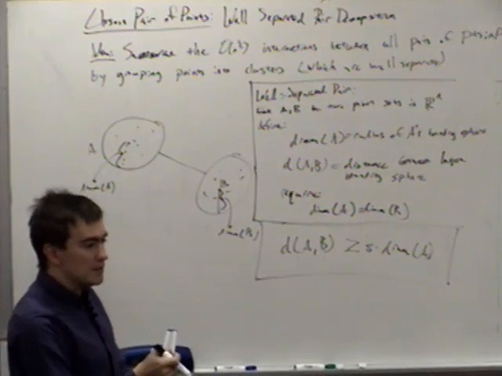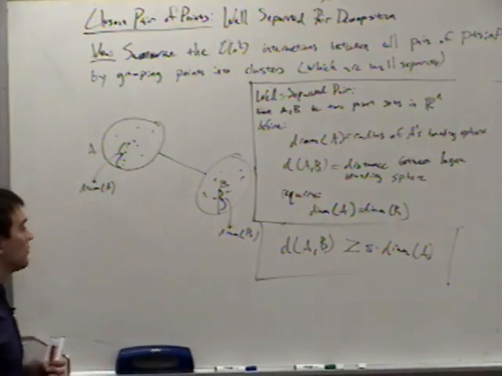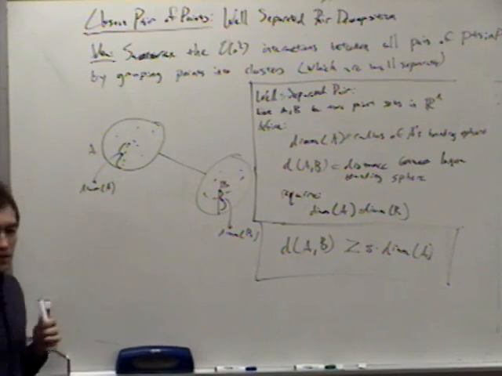Or if they were very tiny spheres, then we could push them much closer together. But they have to be at least S times this distance apart between the two of them.